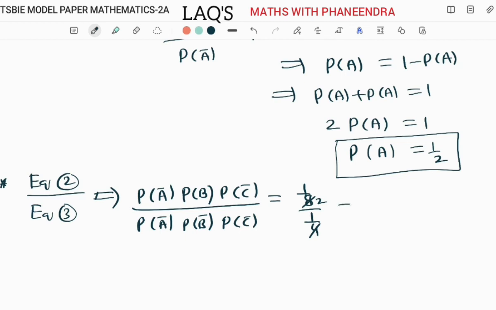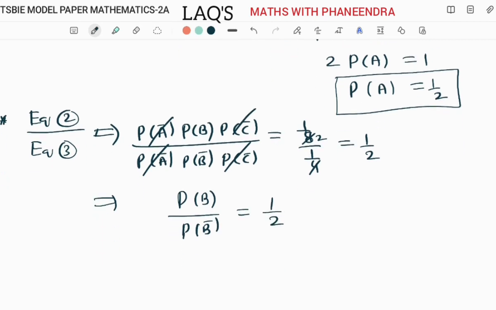So 4 1s are 4 2s are, ultimately 1 by 2 will come. P of C bar, P of C bar, P of A bar, P of A bar cancel. Here we will get P of B. P of B by P of B complement is equal to 1 by 2. So cross multiplying, 2 times P of B is equal to P of B complement.